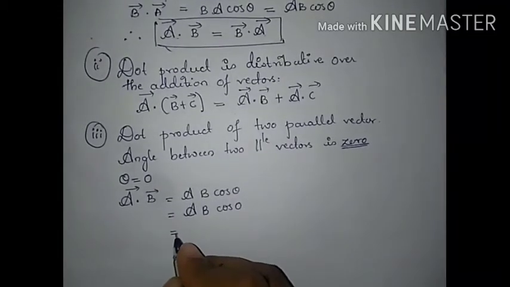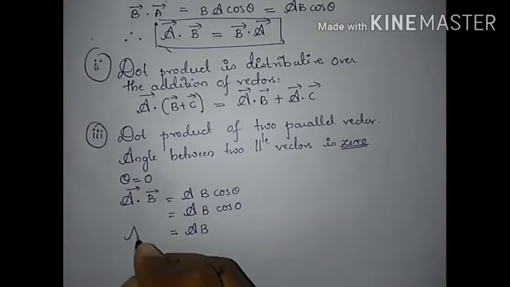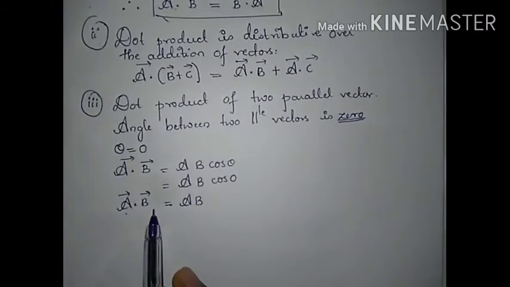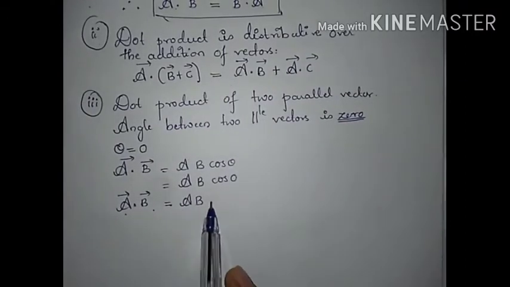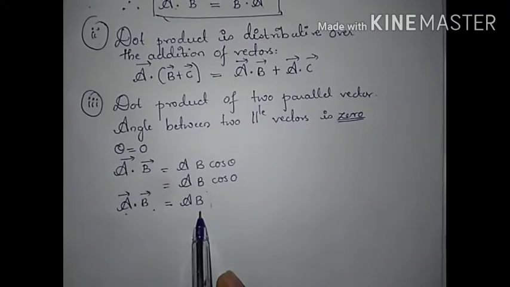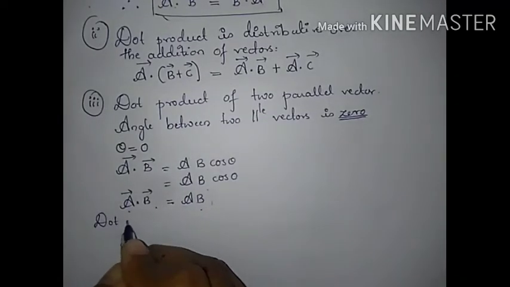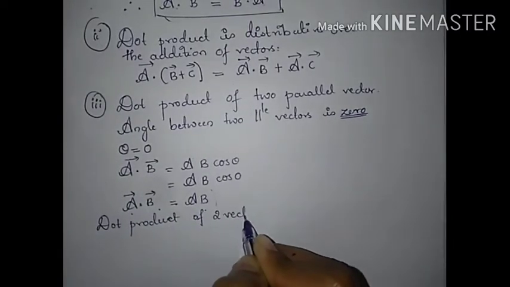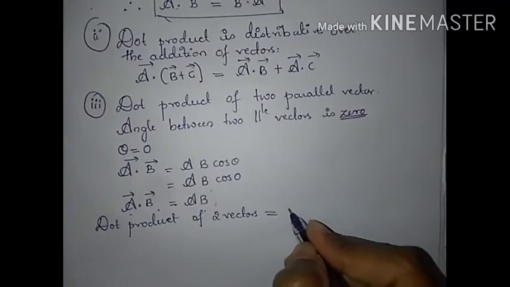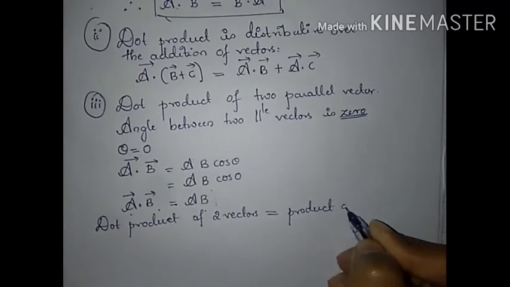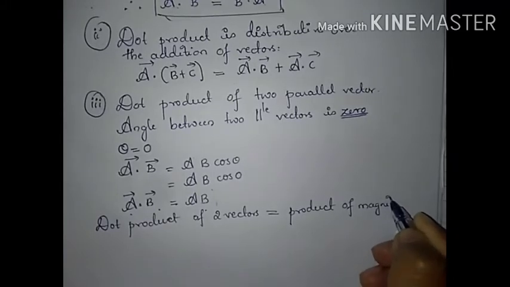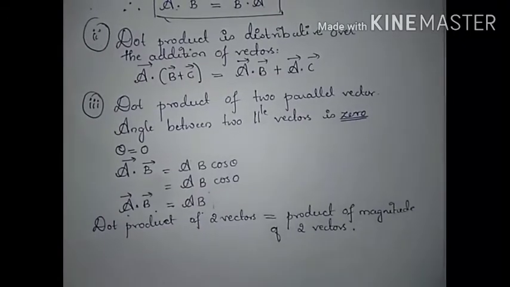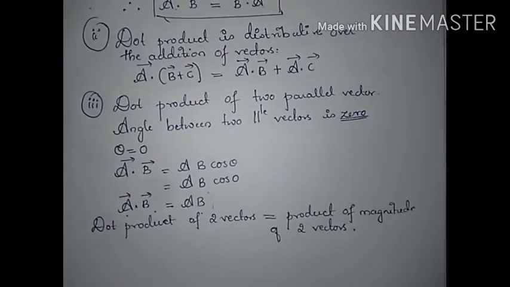Cos 0 is 1, that means AB. So the dot product of two parallel vectors is equal to the product of the magnitudes of the two vectors.